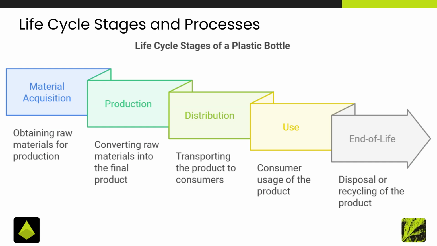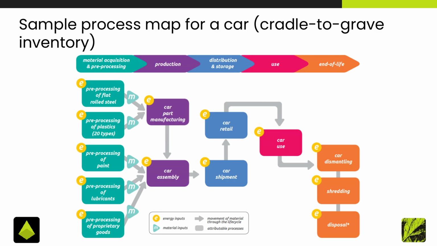reducing greenhouse gas emissions. Here's a process map of a car's cradle-to-grave inventory. It begins with material acquisition, where key components like steel and plastics are prepared. This includes pre-processing steps like paint and lubricants to ready parts for manufacturing. The car part manufacturing phase transforms these materials into car components, followed by car assembly.